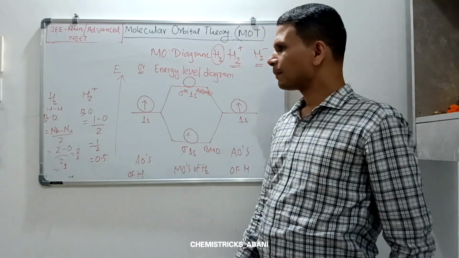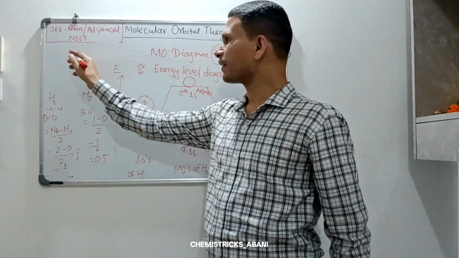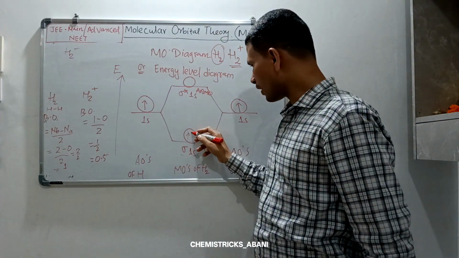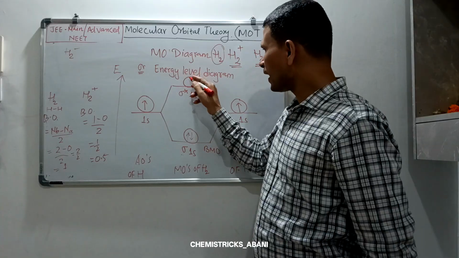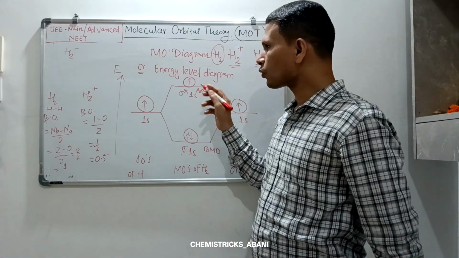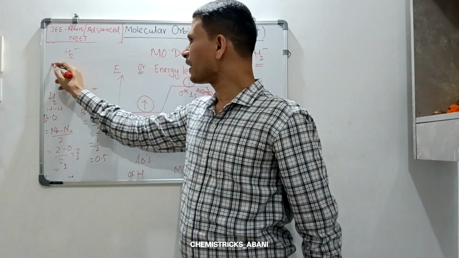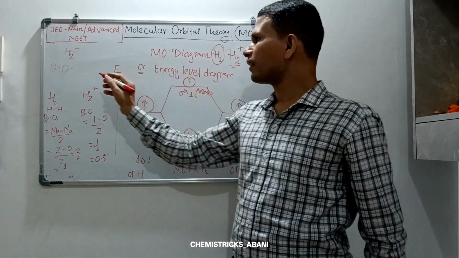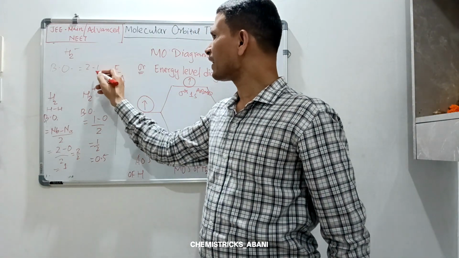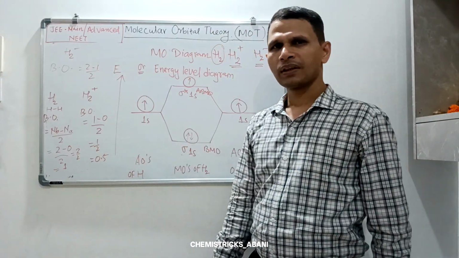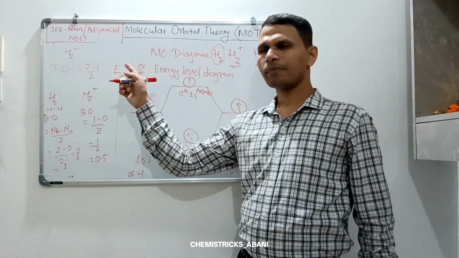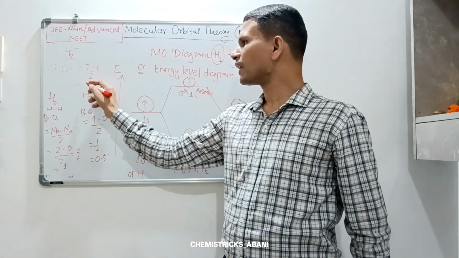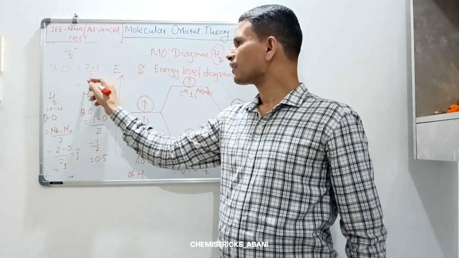Similarly, for H2 minus, I will add one electron. This is H2, and I add an extra electron to H2. So what is the bond order over here? Bonding minus anti-bonding divided by 2: for H2 minus, that is 2 minus 1 by 2, that is 1 by 2.